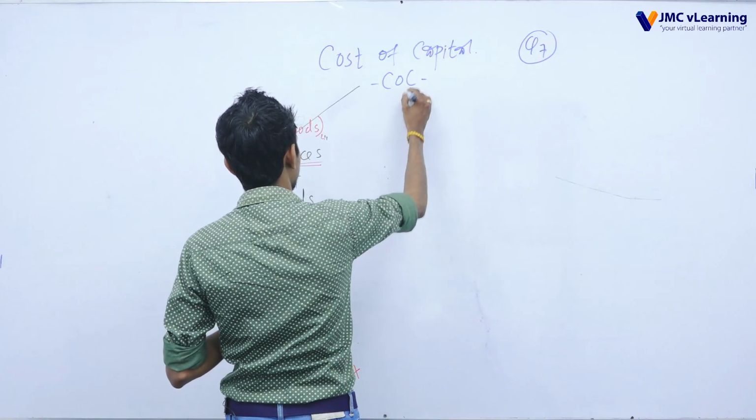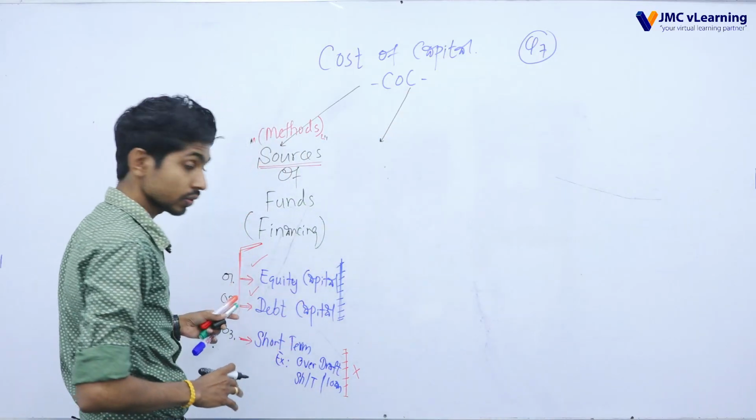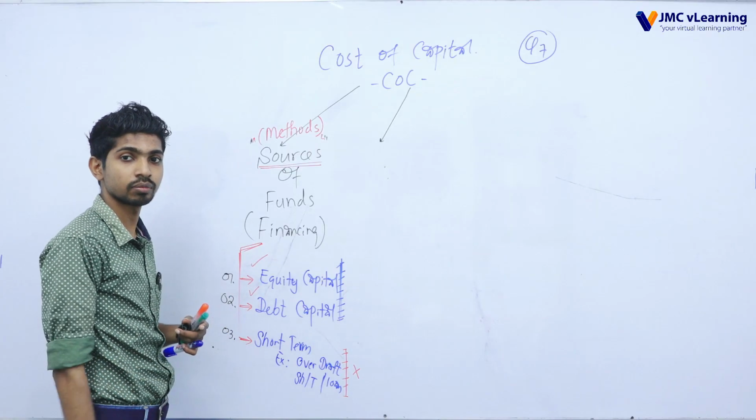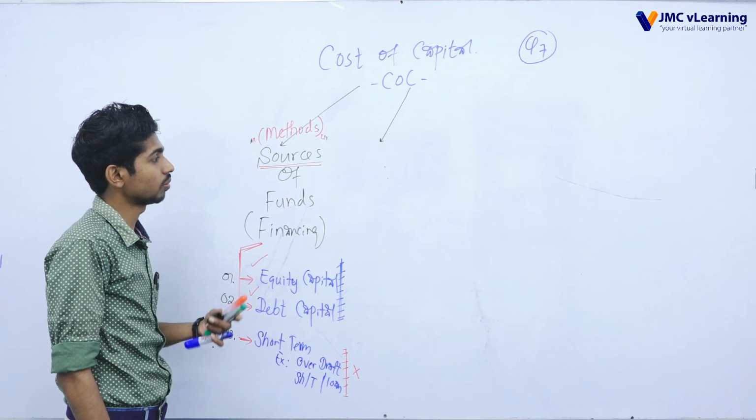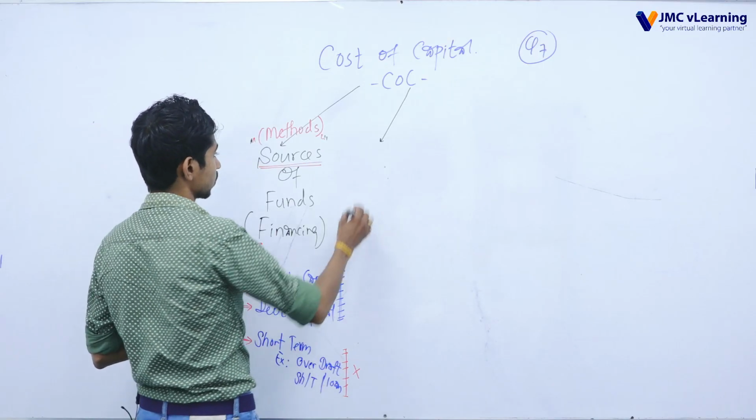Second, these are the sources we can use to collect money. Thereafter, we have to know the cost of these sources.